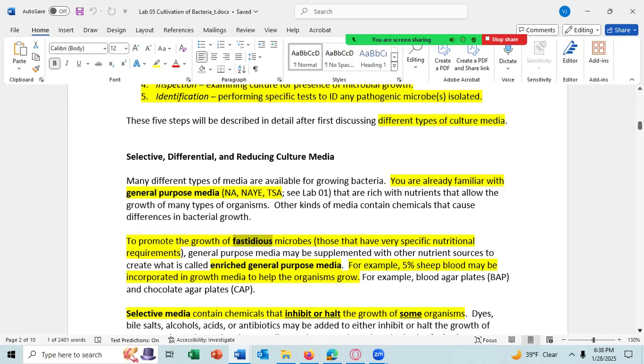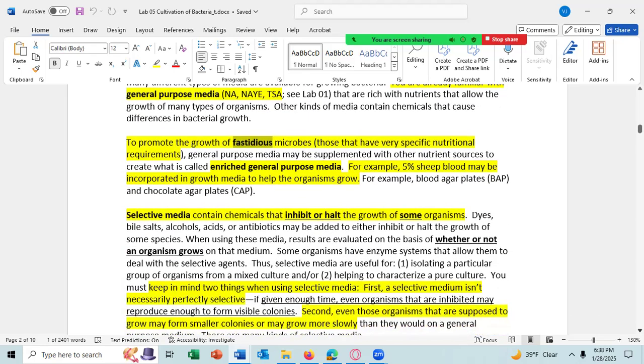All right. So there's general purpose media and, obviously, enriched general purpose media. And then there's selective media. Selective media is a media that contains chemicals that inhibit or halt the growth of some organisms, but do not inhibit the growth of other organisms. Keep in mind two things when using a selective media. First, a selective media isn't necessarily perfectly selective.